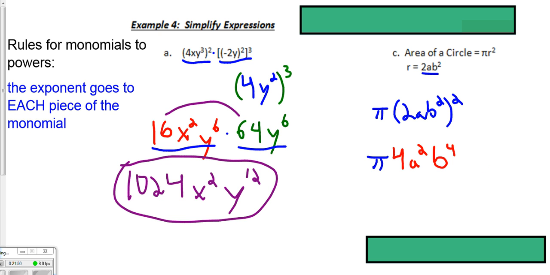Now, normally when you write answers like this, you always want your number part out front, and then we can leave things in terms of pi. So we'll call it 4 pi a squared b to the 4th. So this would be our final answer.